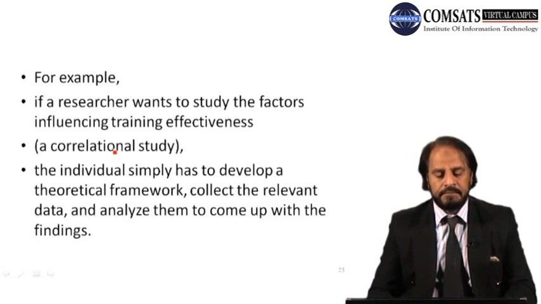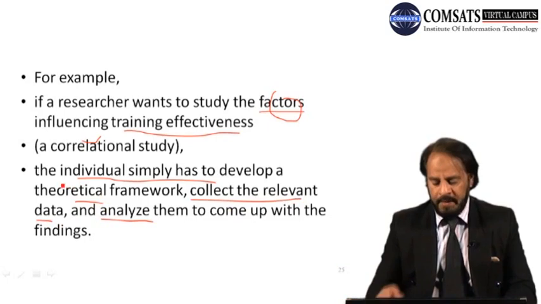For example, in a correlational study, if a researcher wants to study the factors influencing training effectiveness, this is a correlational study, because there are different factors. If it's a correlation study, usually this individual simply has to develop a theoretical framework, collect the relevant data, analyze them, and come up with some findings without altering the normal flow of work.